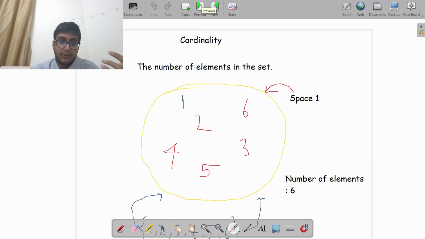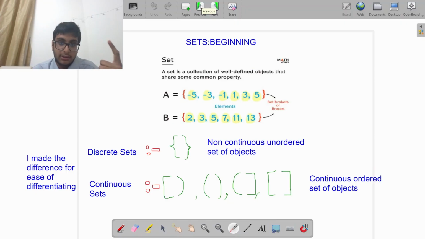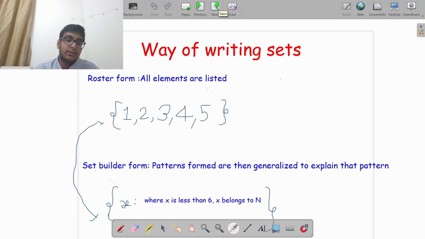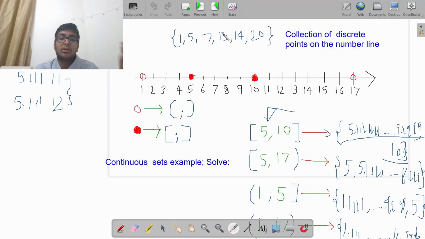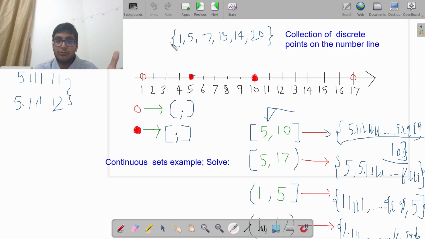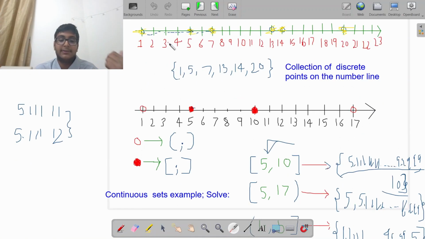So I'll repeat myself again. We know what sets are: containing information, same as space only when considered as a group. How do we know the elements inside of it? By cardinality, which tells us the number of items inside the set itself, and we represent it by roster form or set builder form. And there are different kinds of information stored in these sets, discrete information and continuous information, hence calling them discrete sets and continuous sets respectively.